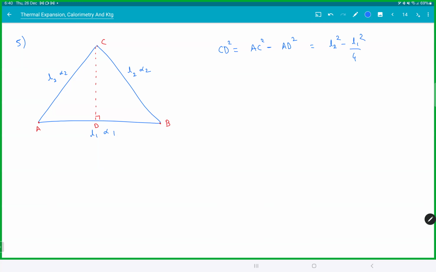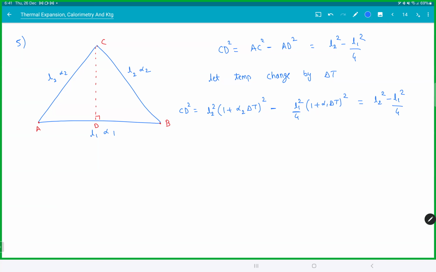Now, if the temperature changes by delta T, then your AC becomes L2 square into (1 plus alpha 2 delta T) whole square, minus AD, which will become L1 square by 4 into (1 plus alpha 1 delta T) square. Remember, this is still equal to CD square. This must be still equal to L2 square minus L1 square by 4. That was the whole theme, isn't it? Your length should not change.